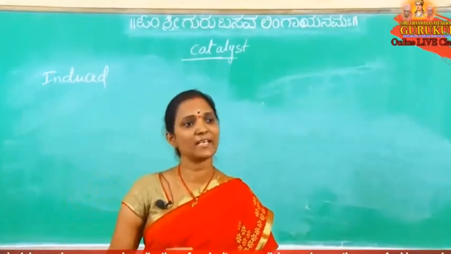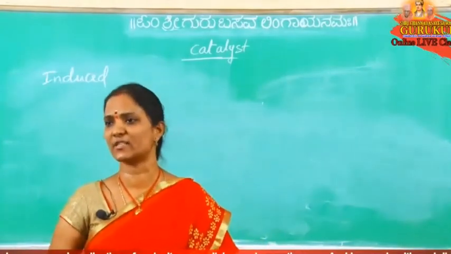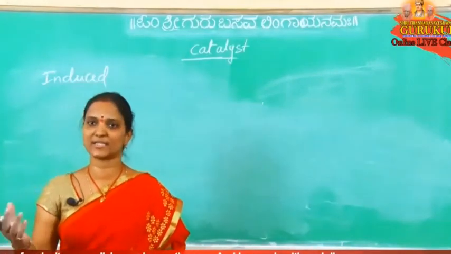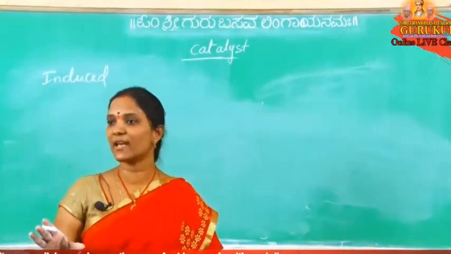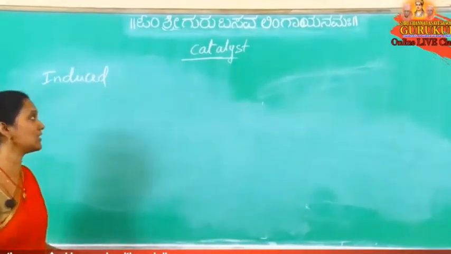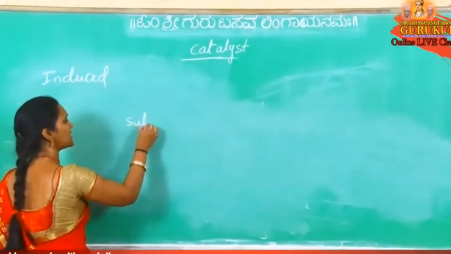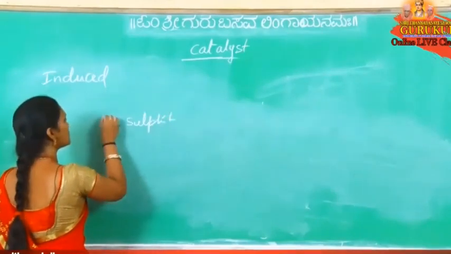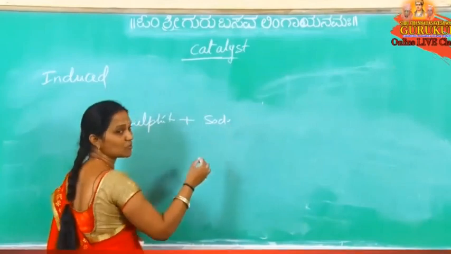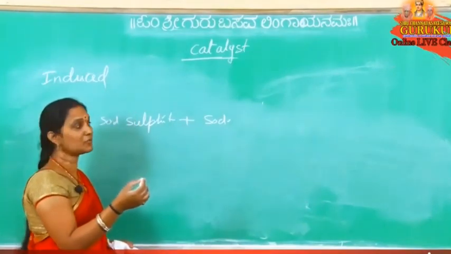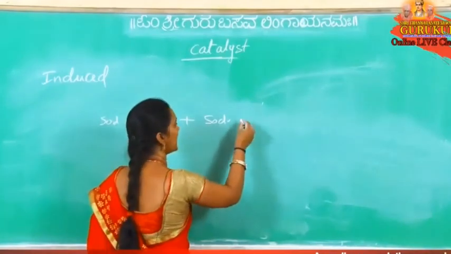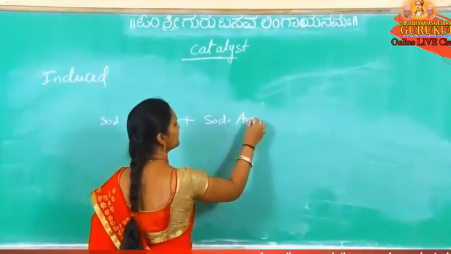Sodium sulfite, when exposed to air, undergoes oxidation to sodium sulfate. Arsenite does not change to arsenate. See that: arsenite does not undergo oxidation, but sulfite does. Now this sodium sulfite, Na2SO3, is added to the sodium arsenite.